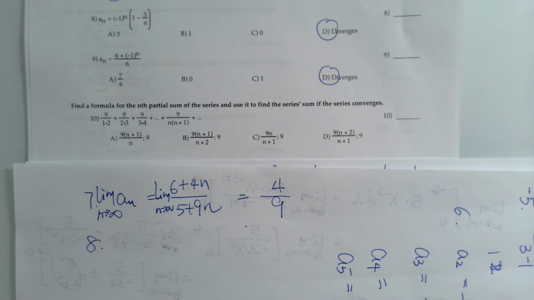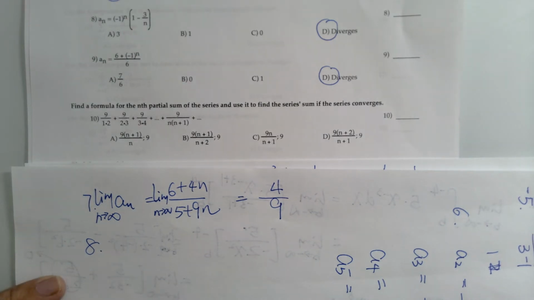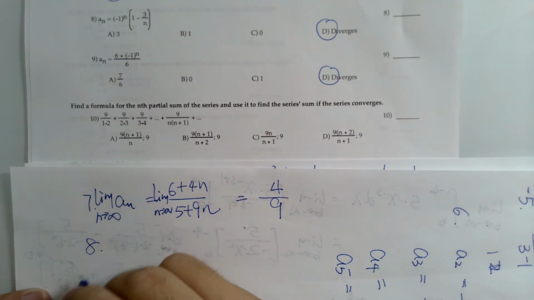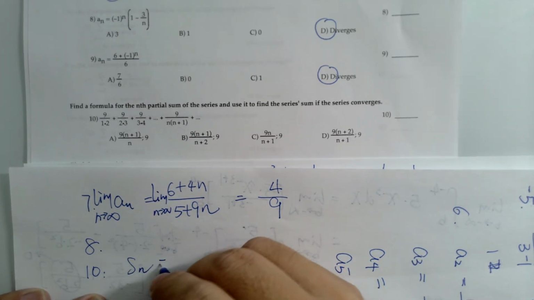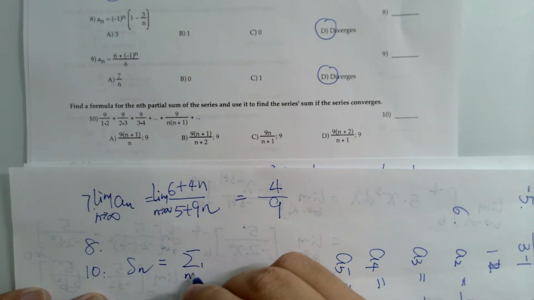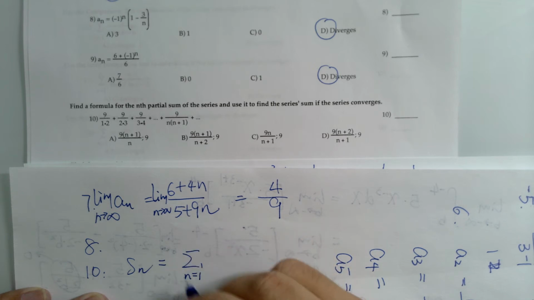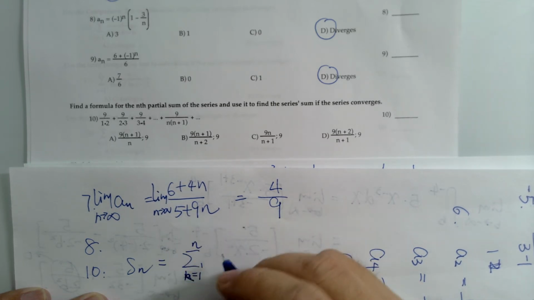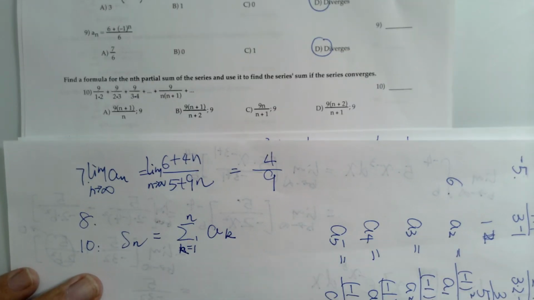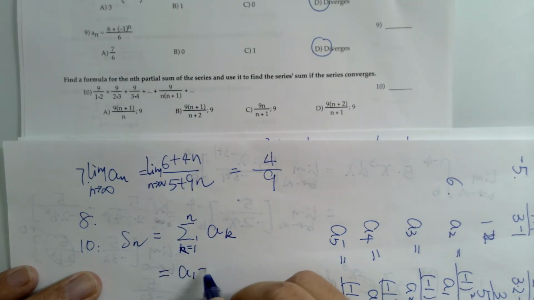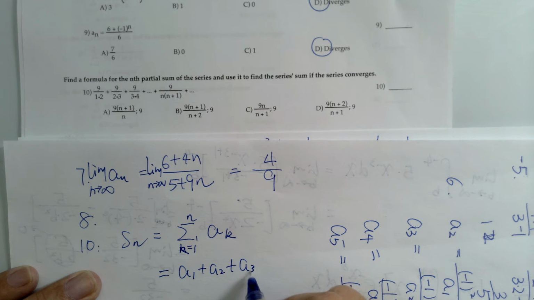So the nth partial sum here, this is number 10, we denote it as Sn. It is defined as the summation from k equals 1 to n of a_k. In other words, it's a summation of a1 plus a2 plus a3 plus a4 up to an here.